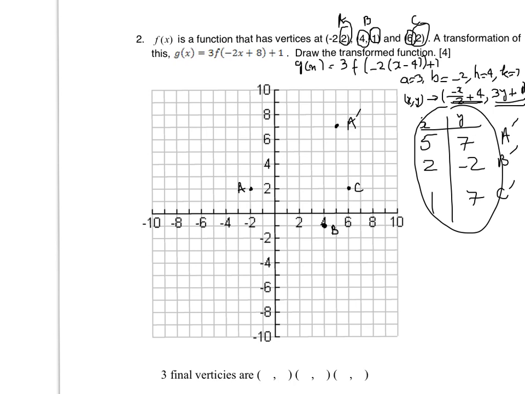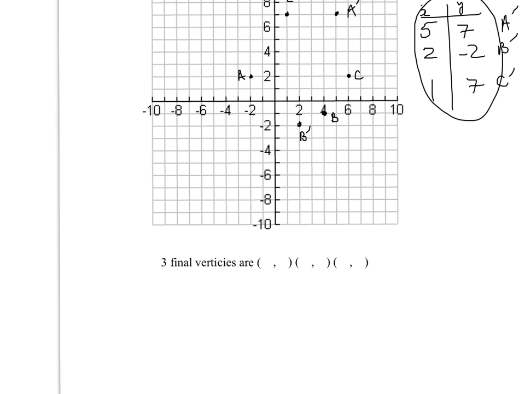B prime says when x is 2, y is negative 2, which is B prime. And C prime says when x is 1, y is 7, which is going to be C prime. So this is the sketch of the transformed function. Now the last part of the problem says final vertices are (5, 7), (2, negative 2), and (1, 7).